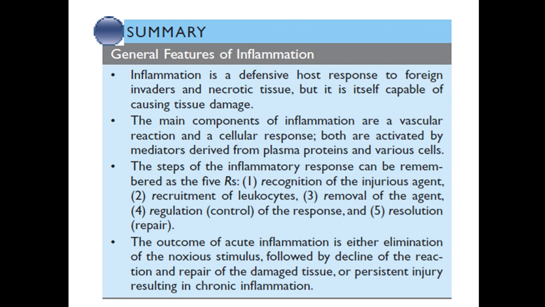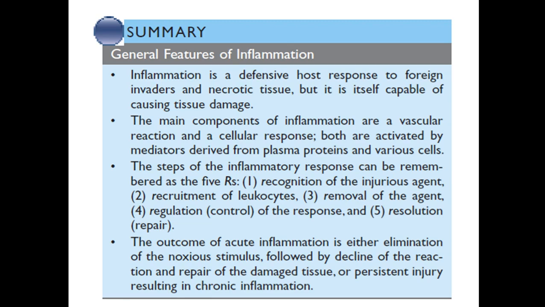activated by inflammatory mediators, and the chemical mediators of inflammation, which we will discuss in our next video, are either derived from the cells particularly in the localized area of the inflammatory reaction, or they are derived from the circulating precursors that are mostly produced in the liver and circulate in the blood in inactive form, but when needed they are activated by their enzymatic breakdown.